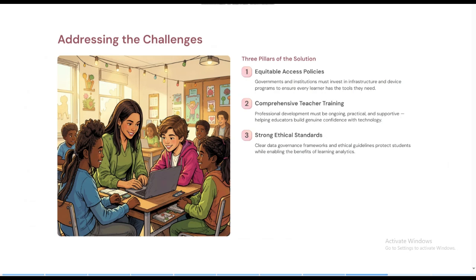Addressing these challenges, we could look at three pillars. We have what we call the equitable access policies. So when government and institutions invest in infrastructure and the different access policies or device programs, this can ensure that every learner has the tools they need.